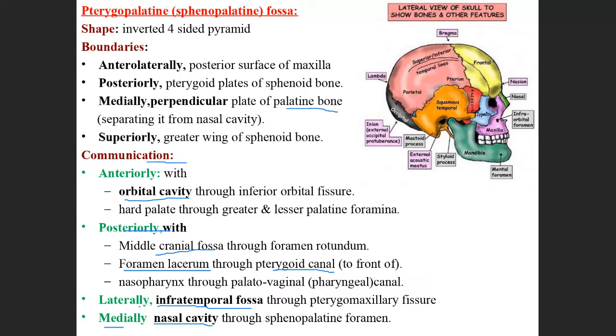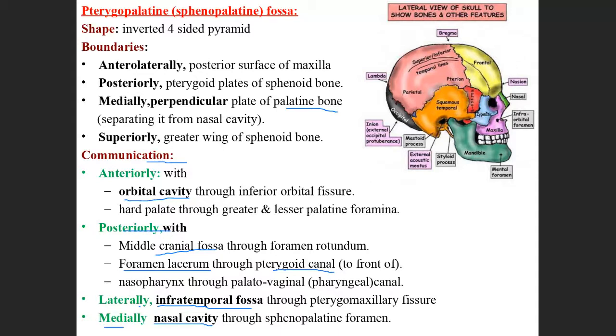So why are we studying all these communications in detail? Because the face is a very small structure and it has a lot of connections. They are connecting to each other, so if any small thing happens, almost all the structures of the face are involved.